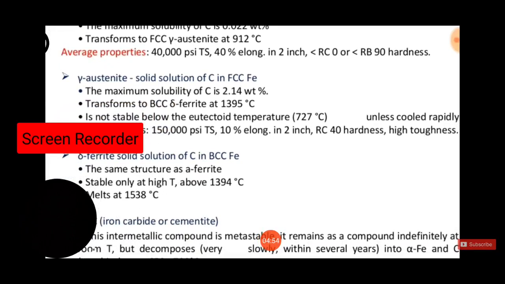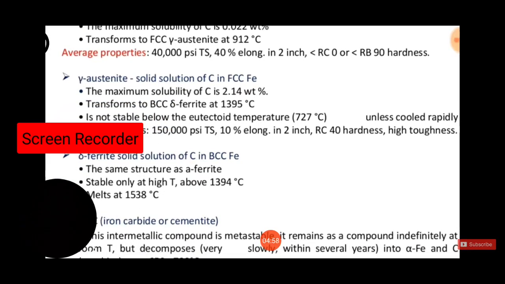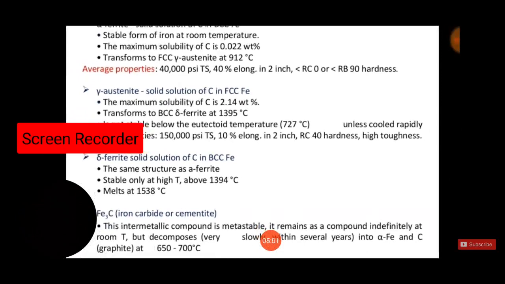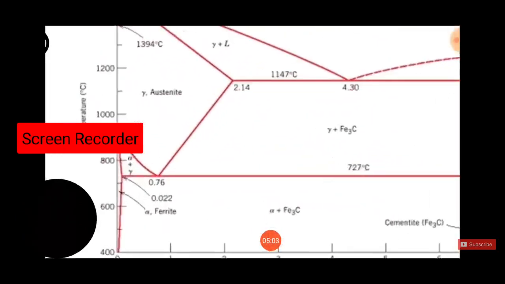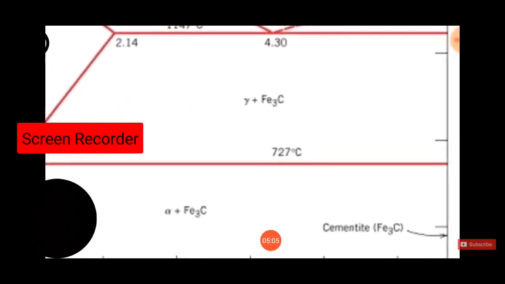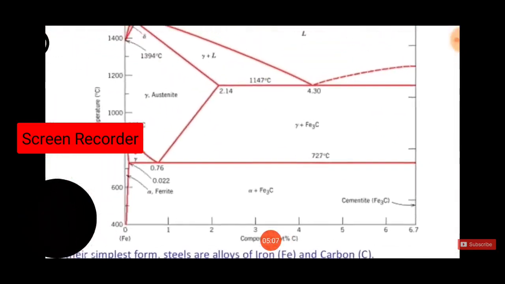It is not stable below the eutectoid temperature, that is 727 degrees Celsius, unless cooled rapidly. This is the eutectoid temperature line, 727 degrees Celsius.